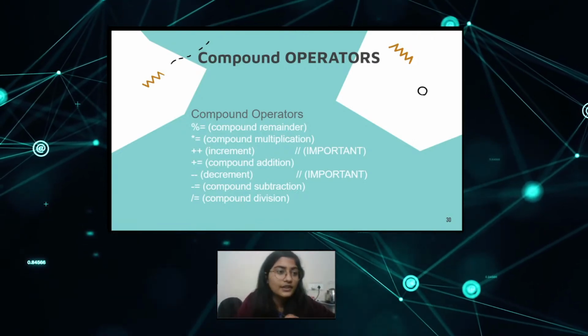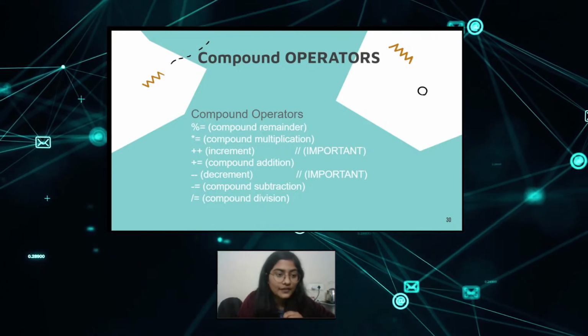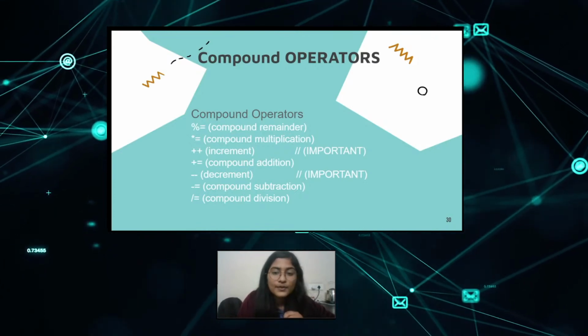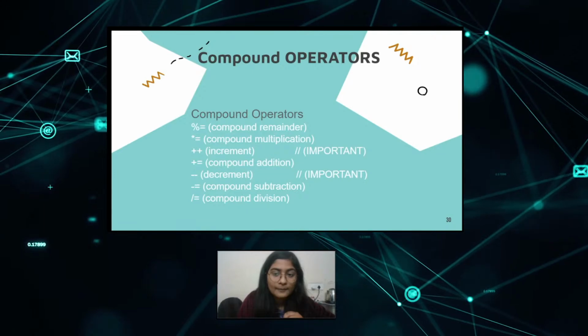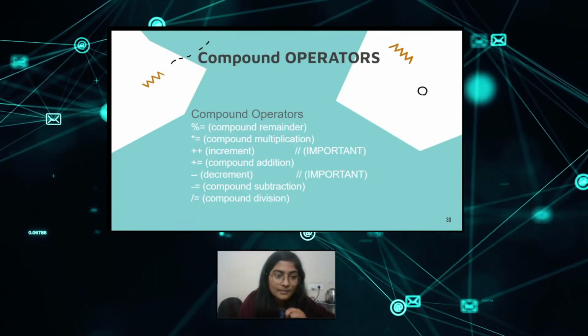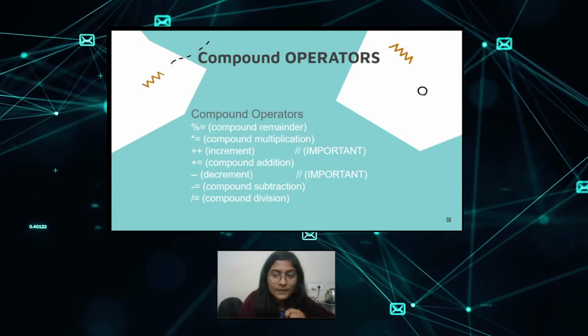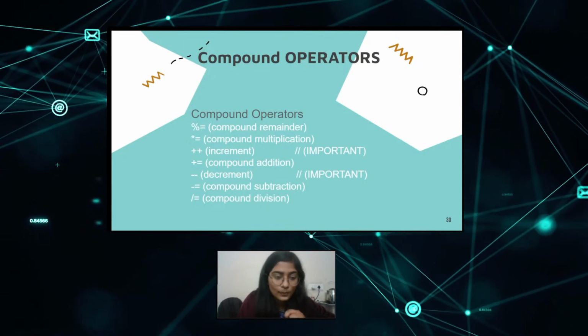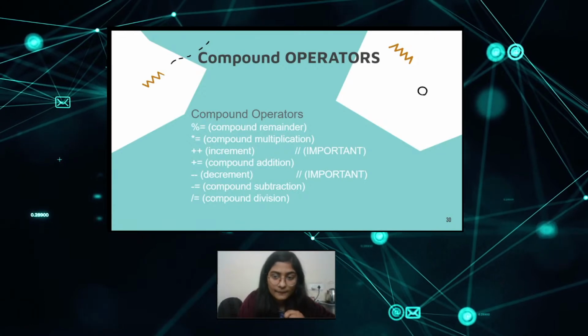Right. So next comes the increment operator. These are actually further divided into two types, prefix and postfix. Suppose we have i equals to 10 and we write plus plus i, that will be the prefix notation. And if we write i plus plus, that will be the postfix notation. So both do the same work, but in slightly different manners.